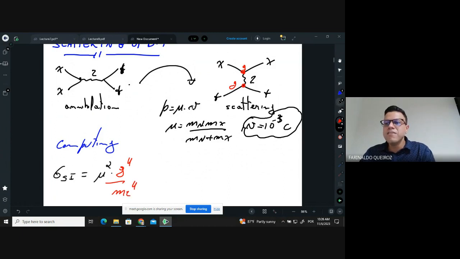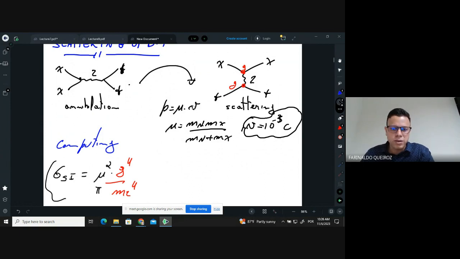And believe it or not, the only difference between what I just argued here and the actual result, if I do the whole calculation, is a pi here. If I had completed everything, computed the amplitude, taken into account the spins, the resonance, the propagator, the only difference is a pi that appears here.